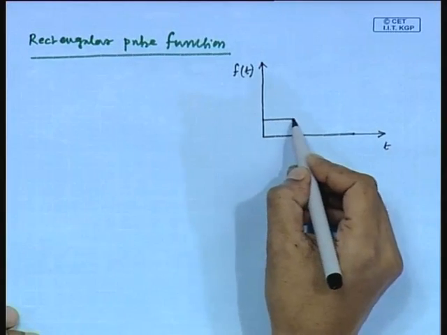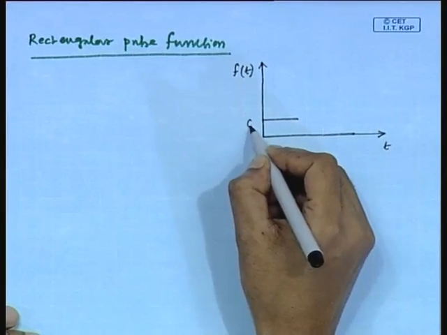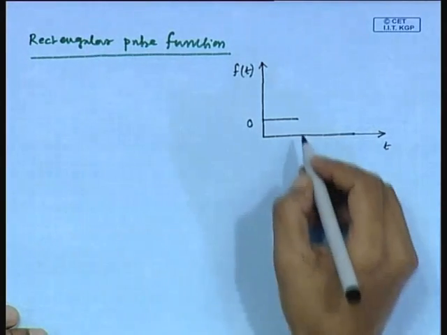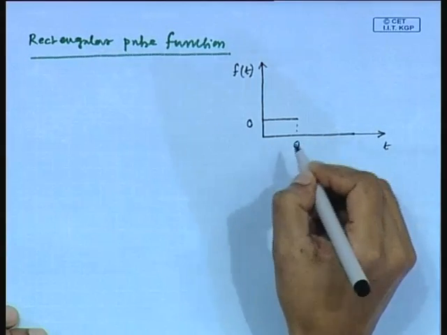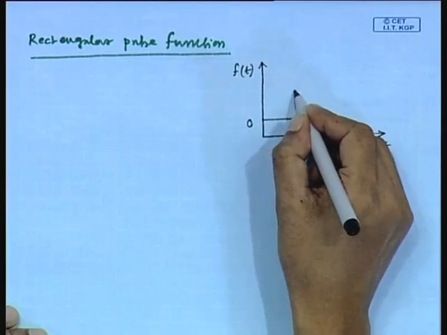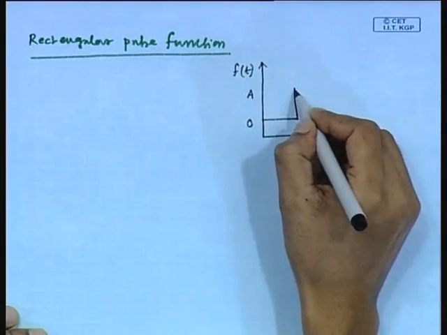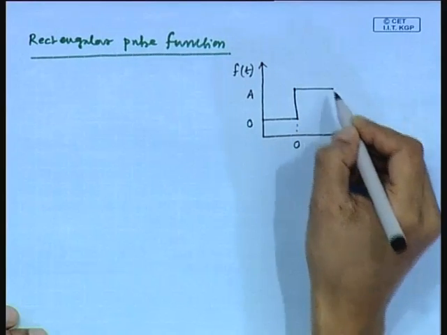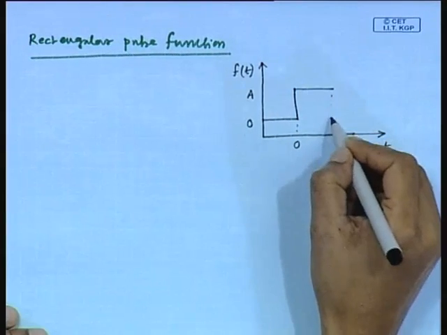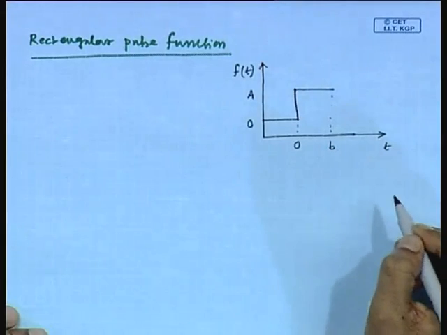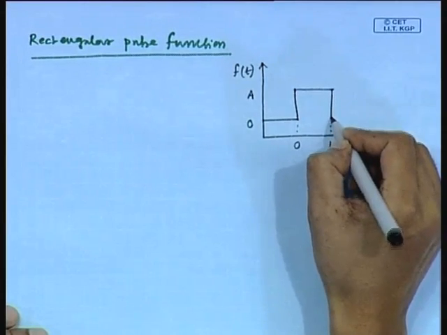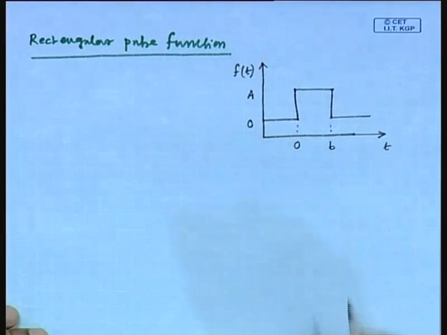Initially f t is 0. Now, it changes at time t equals to 0 by unit of suppose a, then it remains there up to time b, then it returns to the old value. This is the graphical representation of a rectangular pulse function.